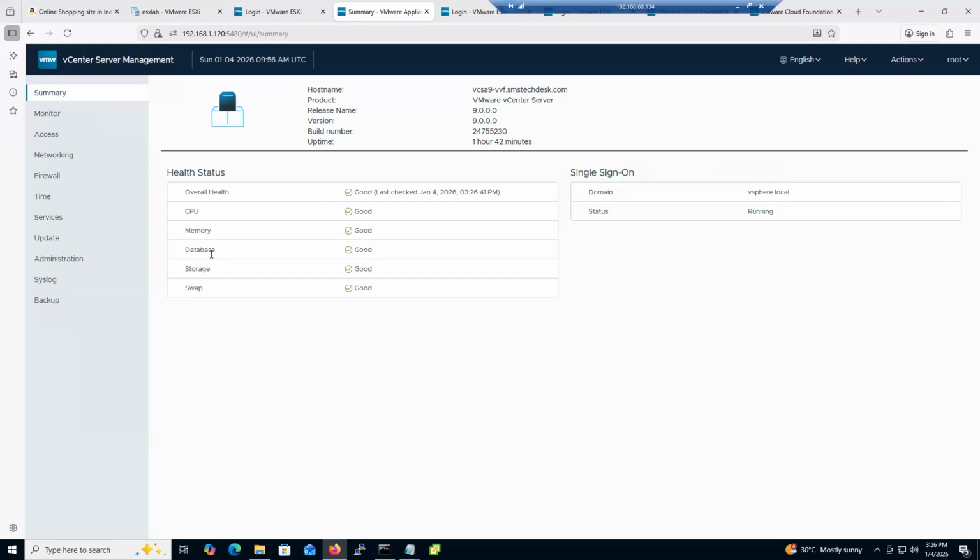Okay, database is one of the important alerts which needs to be taken into consideration. When database is good, vCenter is completely healthy. When database turns to warning, it usually means that database size is growing very fast, or the database cleanup is not keeping up, or there is some disk latency which is affecting the database operation.